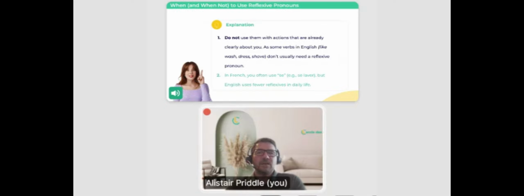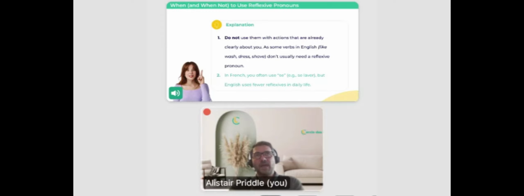Let's continue our explanation. So, number 1, do not use them with actions that are already clearly about you, as some verbs in English, like wash, dress, and shave. They don't usually need a reflexive pronoun. Okay, so on the previous page, it said, I wash myself.